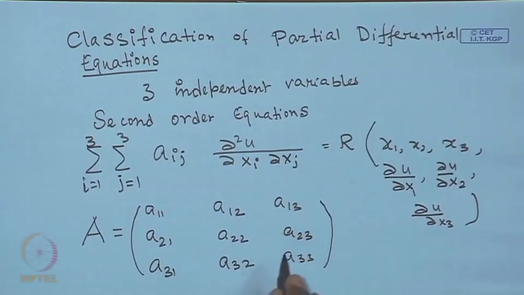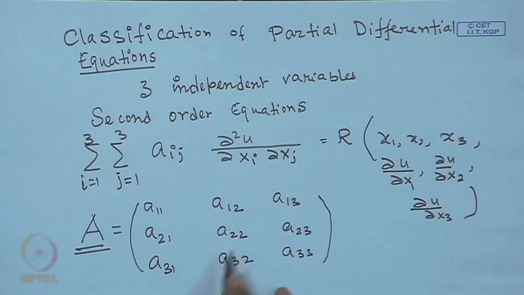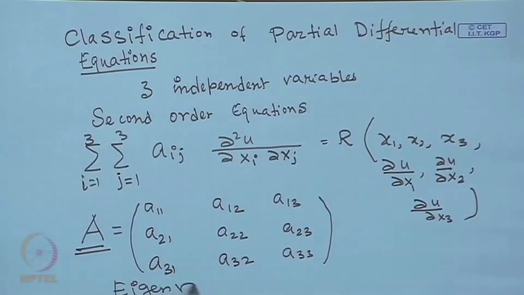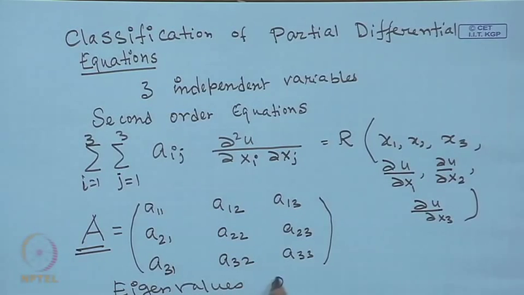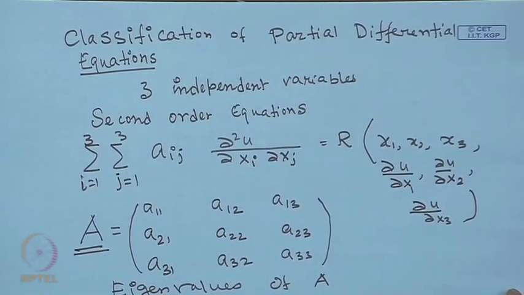Okay. Now, we formulate this matrix and look into the eigenvalues of this matrix. Eigenvalues of the coefficient matrix. Now, depending on the sign of the eigenvalues, the partial differential equations are classified.